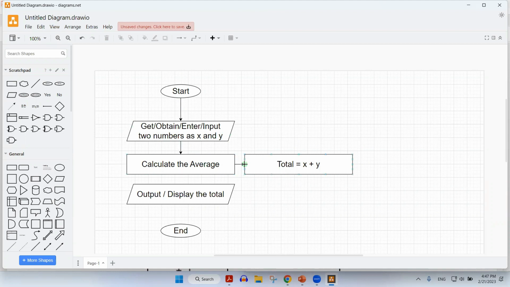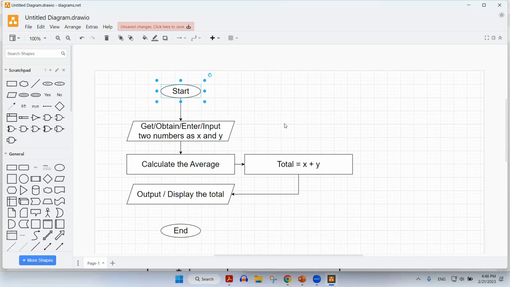Now, remember these symbols, which I have discussed so far, can only have one inflow and one outflow. Like start can have only one outflow according to your syllabus, people.